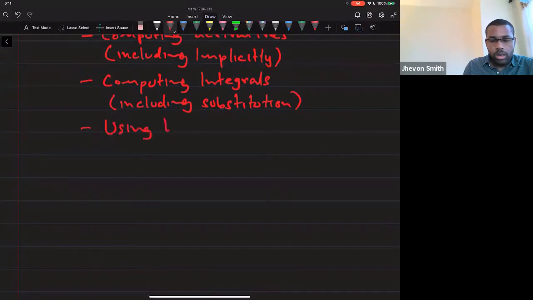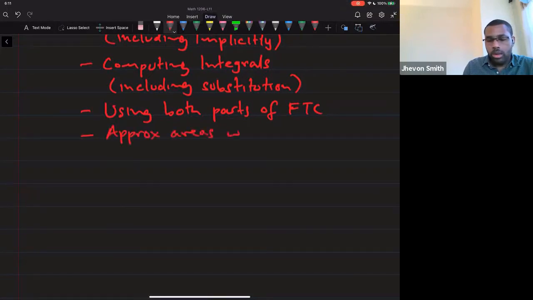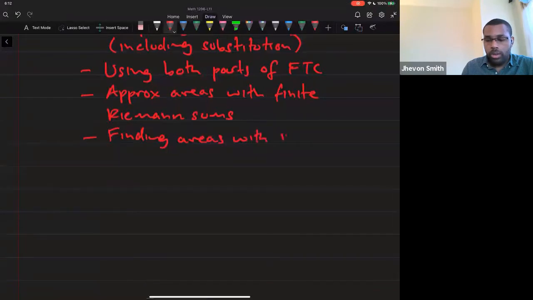Using both parts of the fundamental theorem of calculus, approximating areas with finite Riemann sums. That's like the left-hand rule, right-hand rule, midpoint rule kind of thing. Finding areas with infinite Riemann sums.